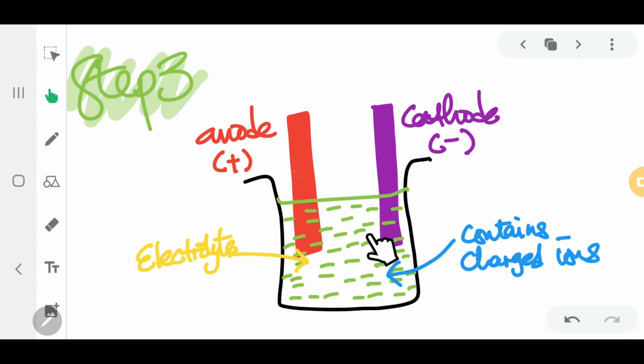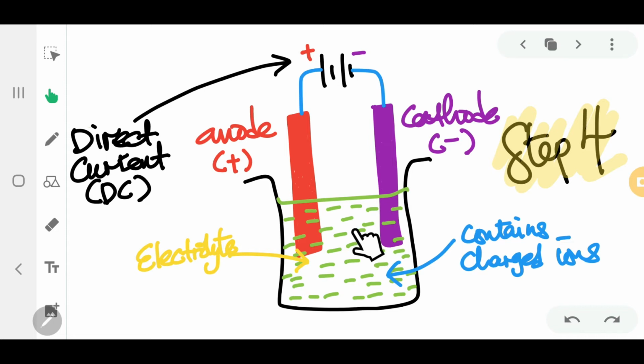Next, we draw the electrolytes, and in the electrolytes you will have charged ions. Inside the electrolytes, where you immerse your electrodes, the charged ions will move to the anode and cathode electrodes. Next, connect both electrodes with wires and a direct current source.